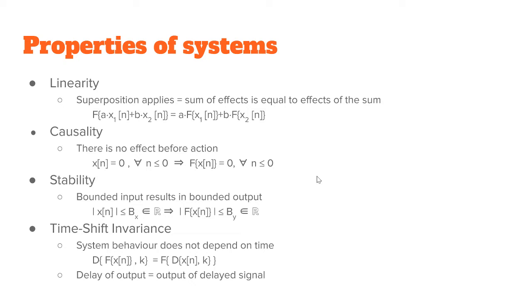It means practically that the superposition principle can be applied, meaning that if you know the output for one type of signal, then you can derive the output for the other ones. Summing the signals together at the input is the same as summing them at the output.